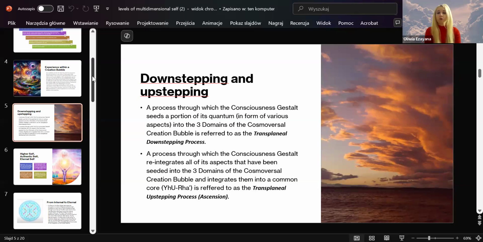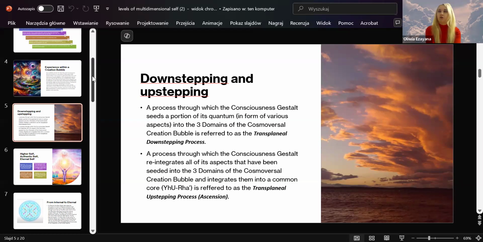And then there are different processes throughout which we are once again picking up those aspects, putting them together into one unified eternal Euradian self-identity. And then we are unifying again with our core source self gestalt, the Yuna. Those processes are referred to as the transplanial downstepping process and the transplanial upstepping process, also referred to as ascension.